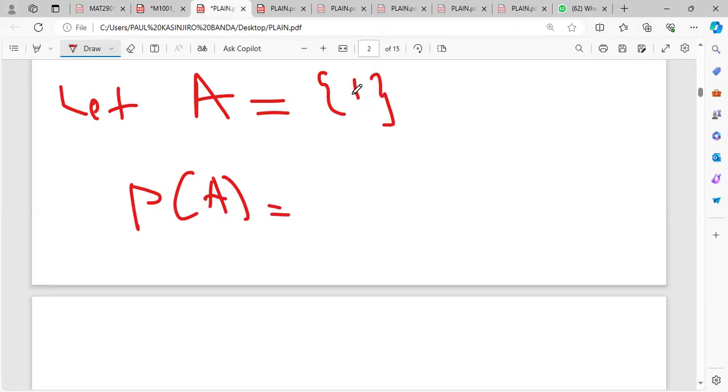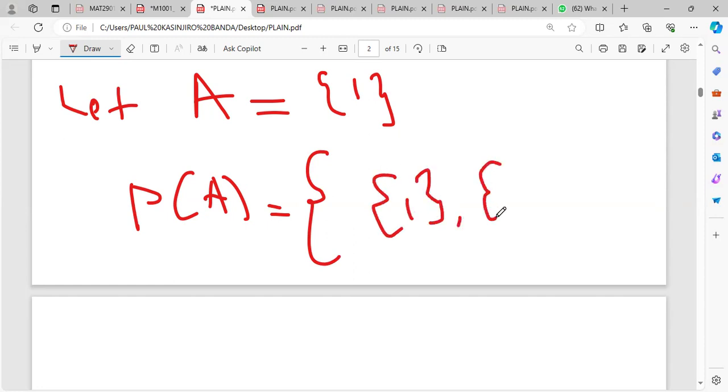This set here, how many subsets will it have? It will only have 2, an empty set and itself. So if I list down the power set of A, it will just be the set itself, comma, the empty set, because the empty set is a subset of any set, right? So this is the power set of A.